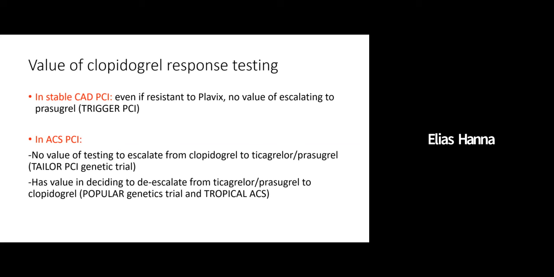Doing CABG under Plavix, by the way, does not increase death. It increases major bleeding and requirement for transfusion by 4% in absolute, but it does not increase death, even operating CABG with Plavix. And that kind of extends to other surgeries. So that could be a consideration.